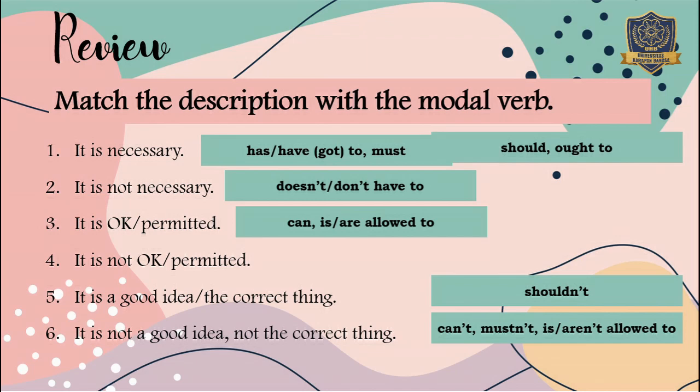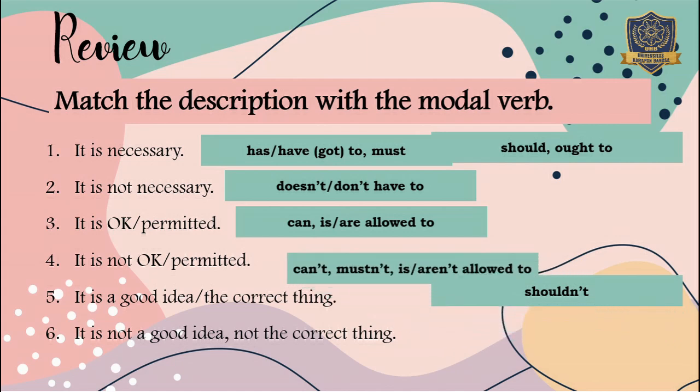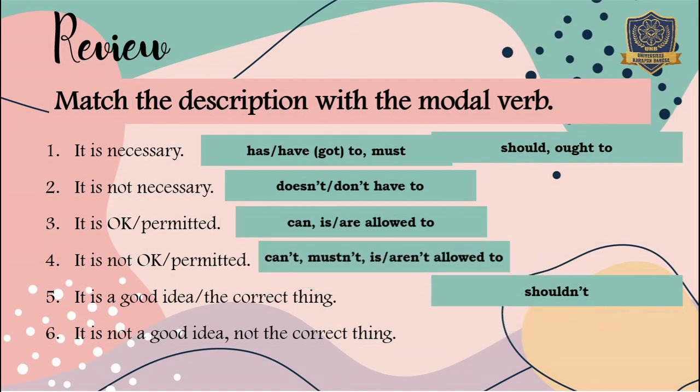Number 4. It is not okay or permitted. Can't, mustn't, is or aren't allowed to. Number 5. It is a good idea or the correct thing.